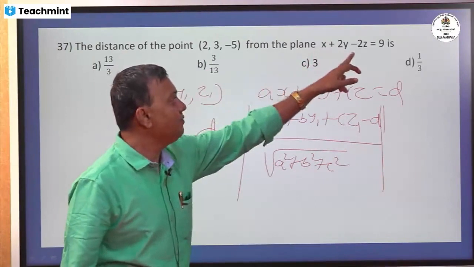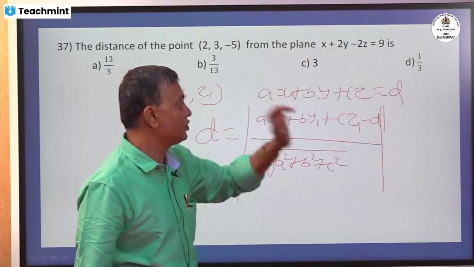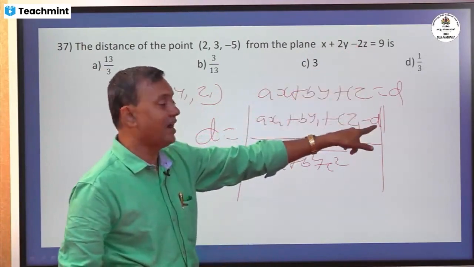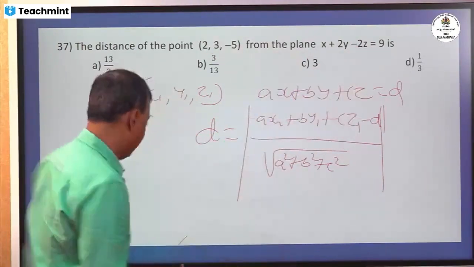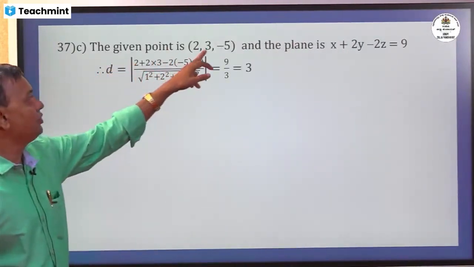Here the coefficients of x, y, z are 1, 2, minus 2, and D is 9; bring it to the left hand side, it becomes minus D, so minus 9. The given point is 2, 3, minus 5.